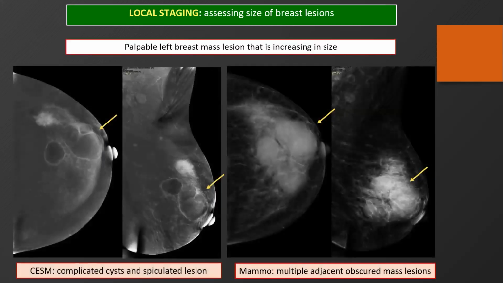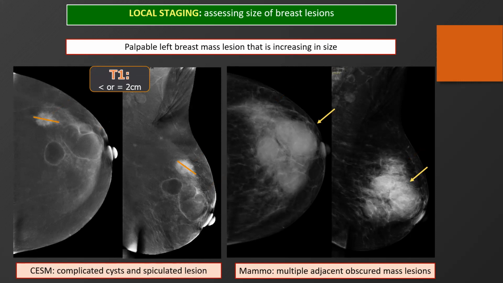So we did the contrast mammography and it revealed a heterogeneously enhanced spiculated mass, and also complicated cysts. And so the contrast mammography was the only procedure with which we can measure the actual size of the mass and confidently say that it is a T1 tumor.